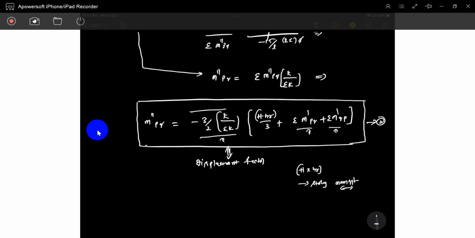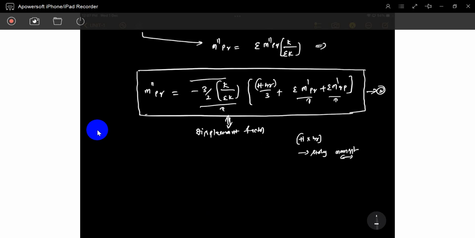These are the rotational contributions at the top and bottom. PQ, QP means what? At the top and bottom. Rotational contributions. If you see, it's also a sum of the top and bottom of the total stories.